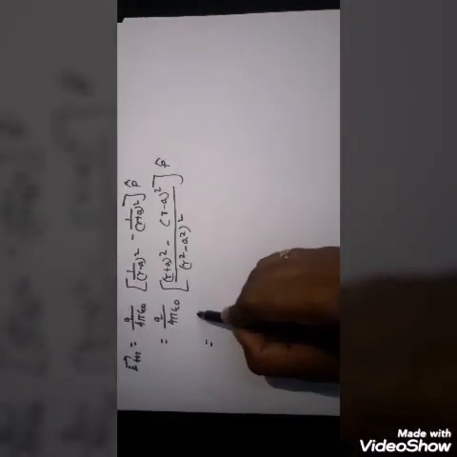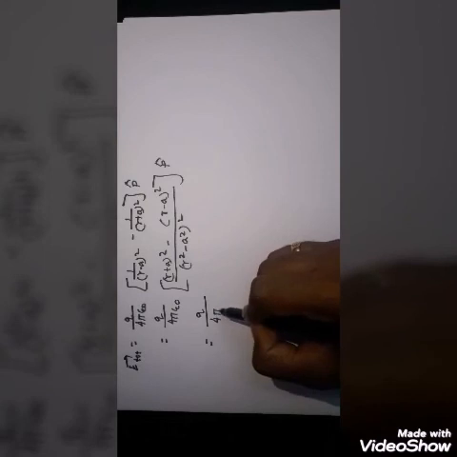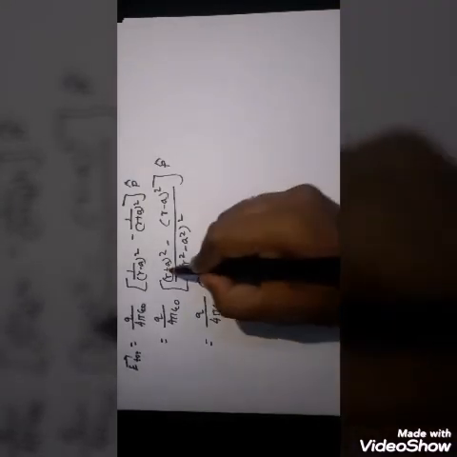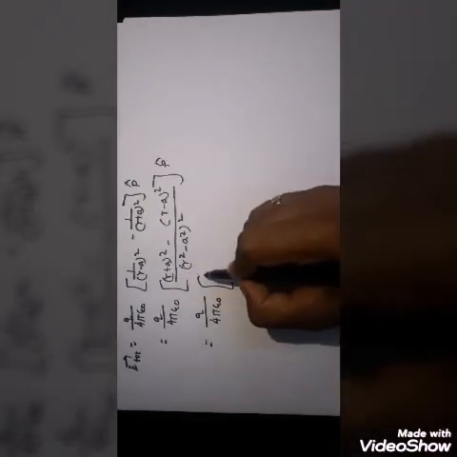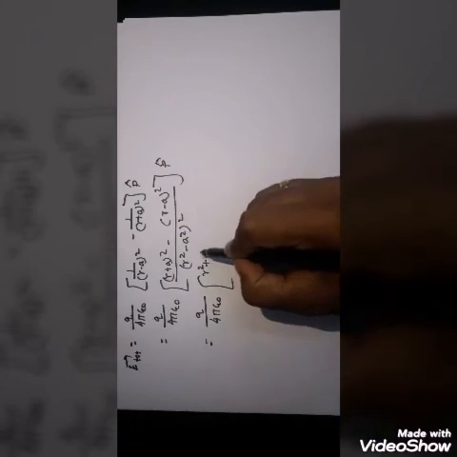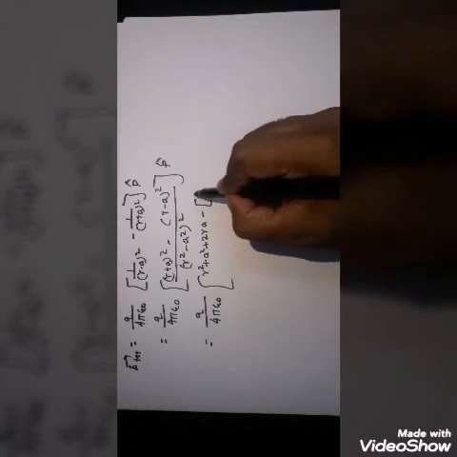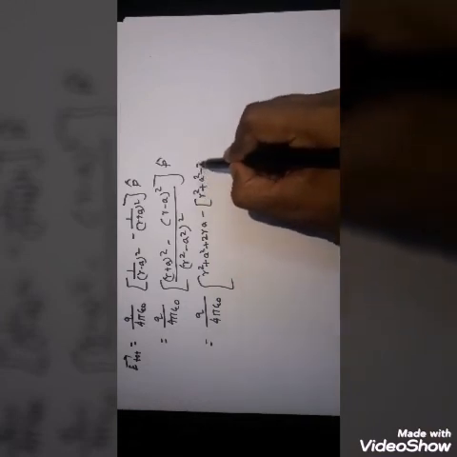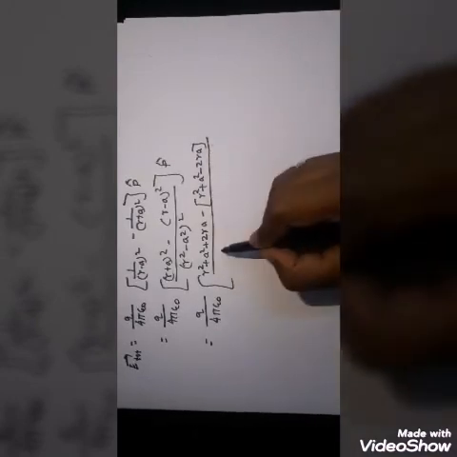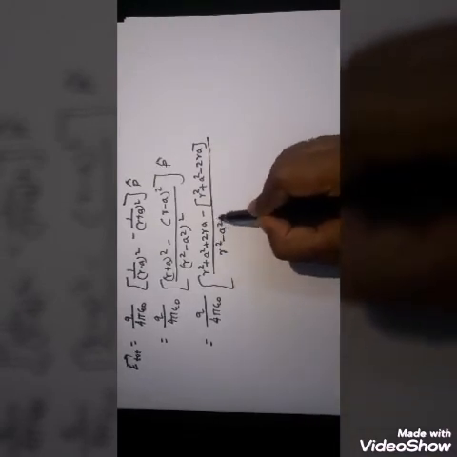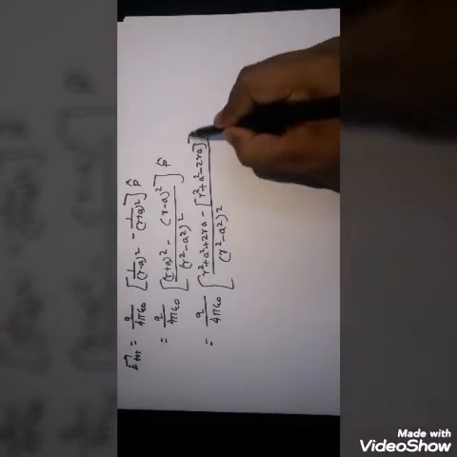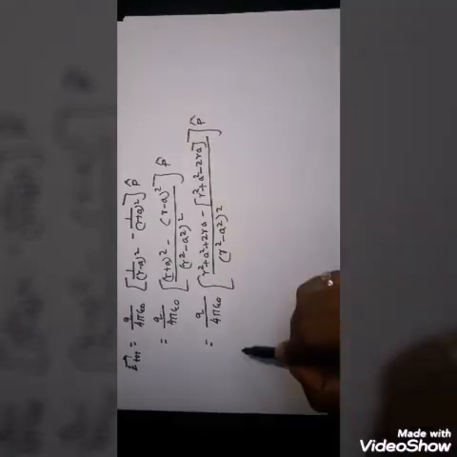Expanding the a plus b whole square terms: (r square plus a square plus 2ra) minus (r square plus a square minus 2ra), divided by (r square minus a square) the whole square, p cap.